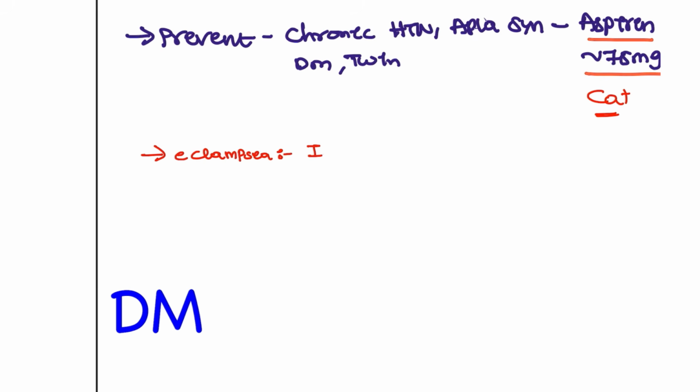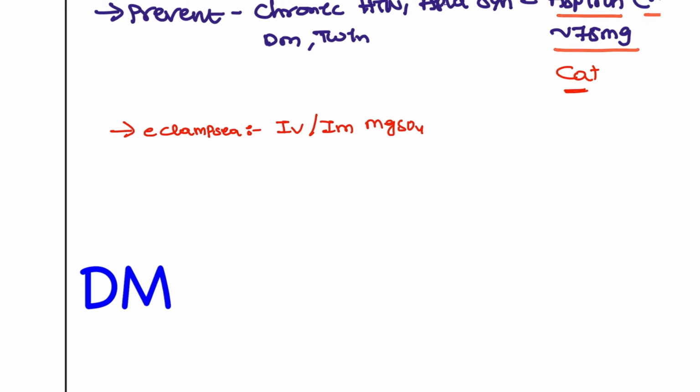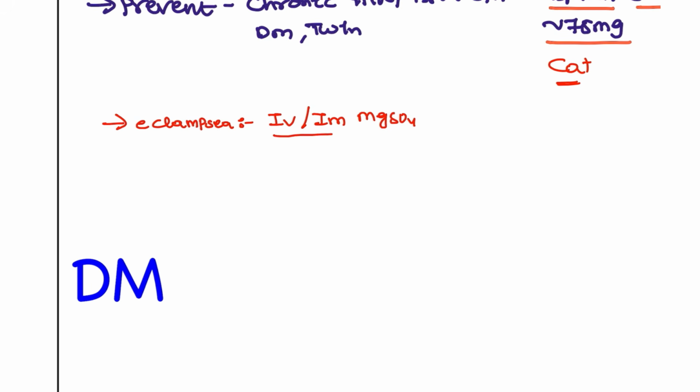first and foremost, IV and IM MgSO4 has to be given for the patient. Why am I saying IV and IM? There is a criteria, that is the Pritchard's regimen. Pritchard's regimen tells us 10 mg has to be given to both sides of the buttocks.